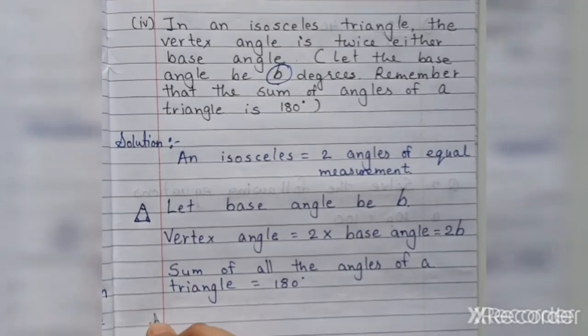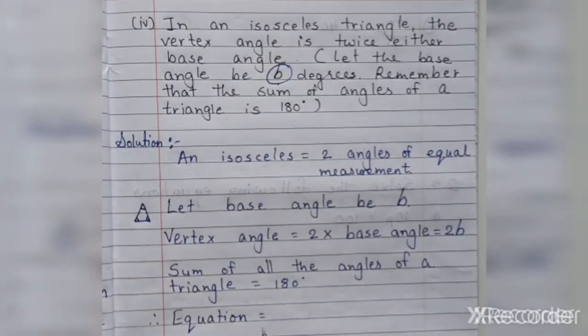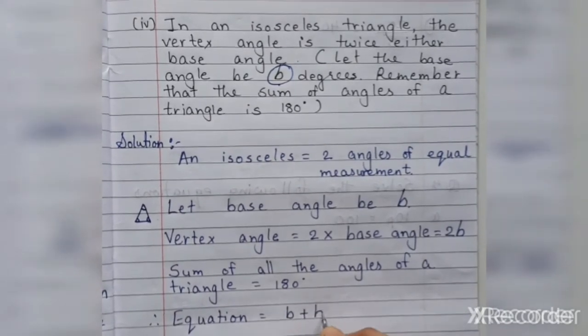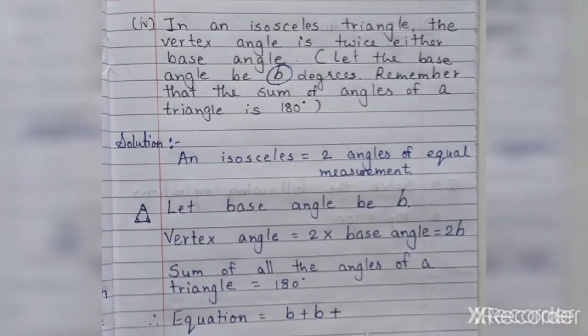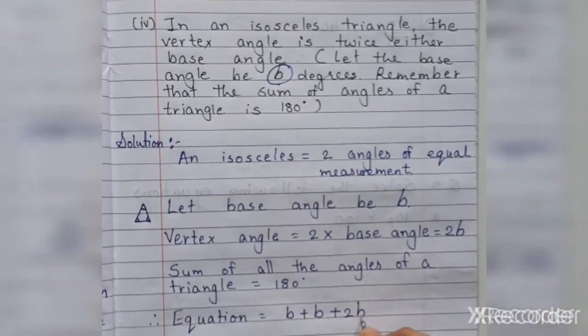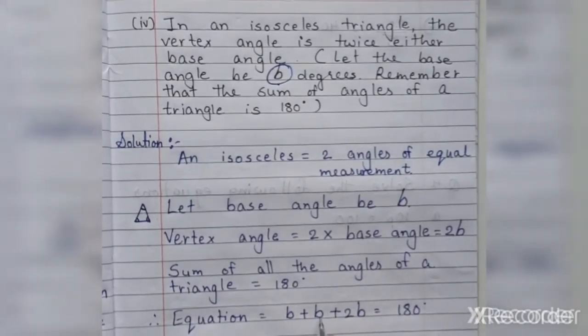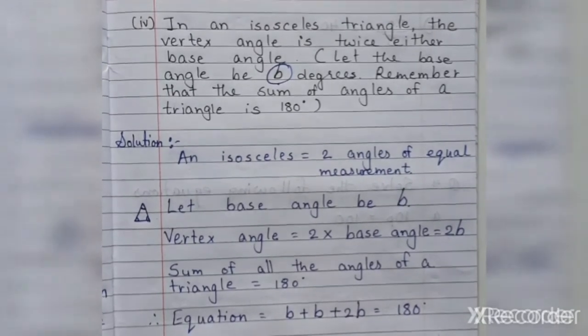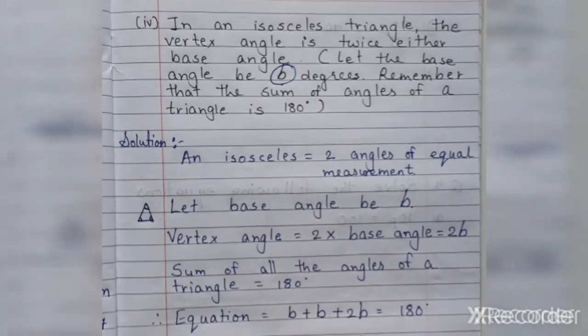So, what will be the equation? We have two base angles. So, B plus B plus one vertex angle, that is 2B, equals to 180 degree. B plus B, 2B. 2B plus 2B, 4B. So 4B equals to 180 degree. This is our equation.